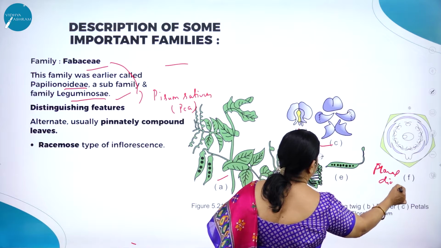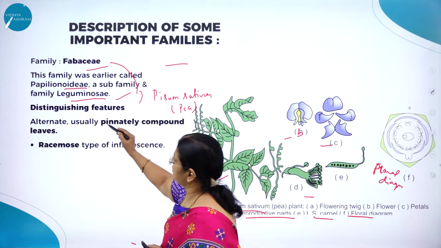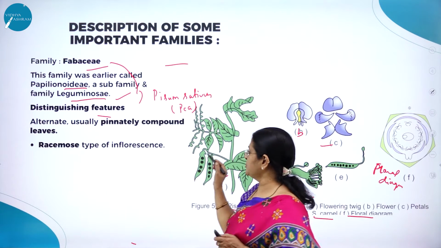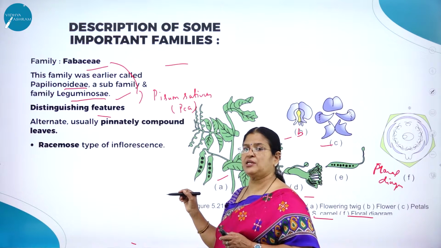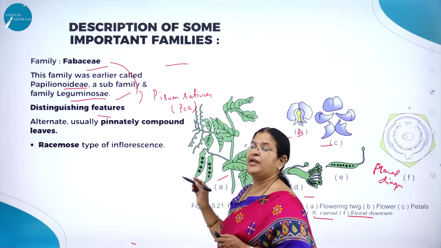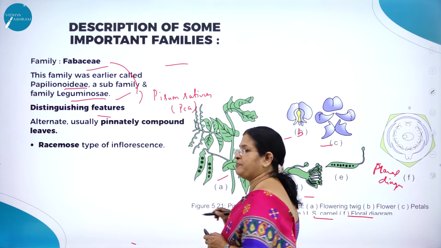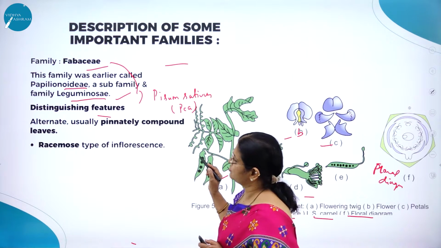Now, as I said, this plant will be kept for identification. As soon as you see the plant, you can identify what it is, which family it belongs to: family Fabaceae. What is the example? Pisum sativum. Then you have to write the distinguishing features of this.